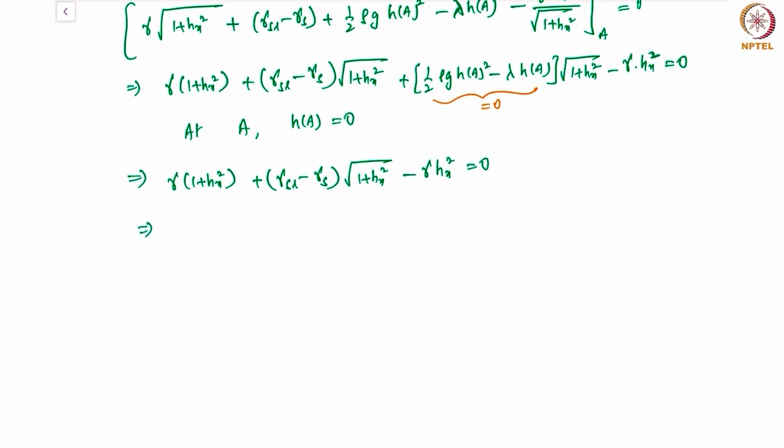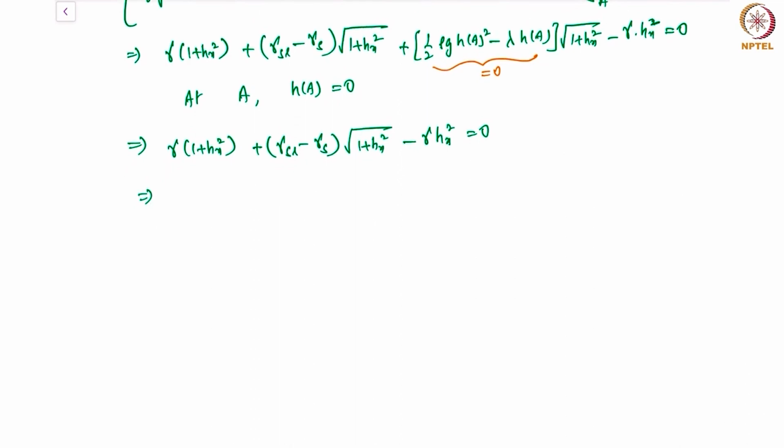We can cancel out the hx square terms in the first term and the last term. I therefore have gamma plus gamma SL minus gamma S, equal to 0. This is what I have.